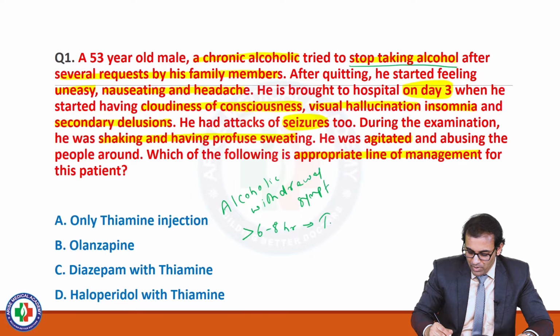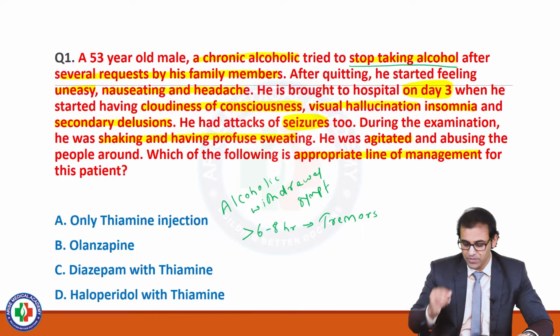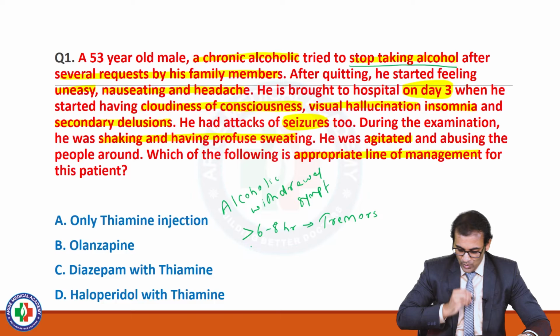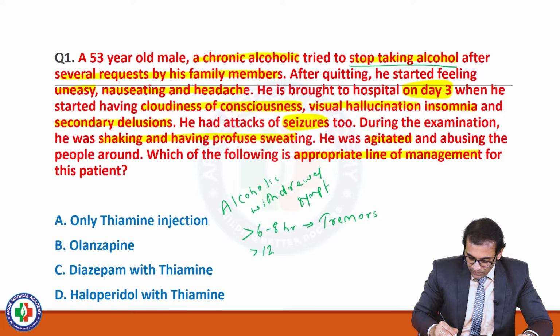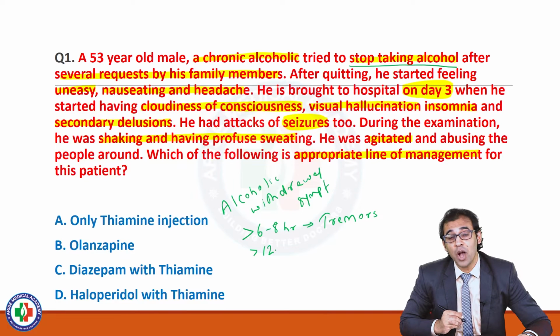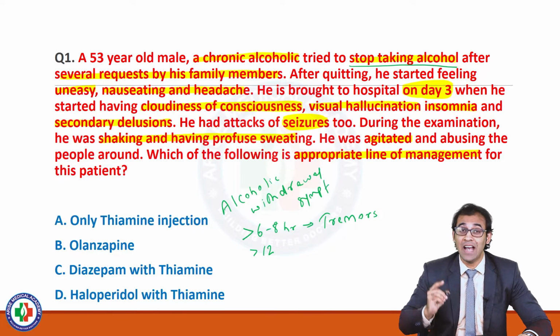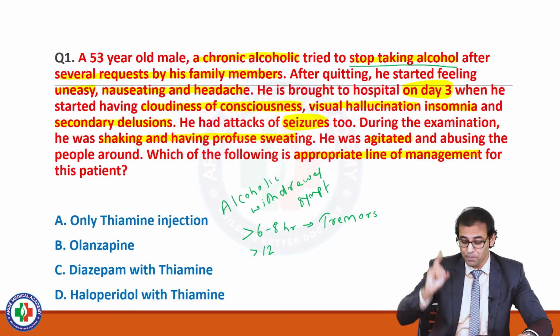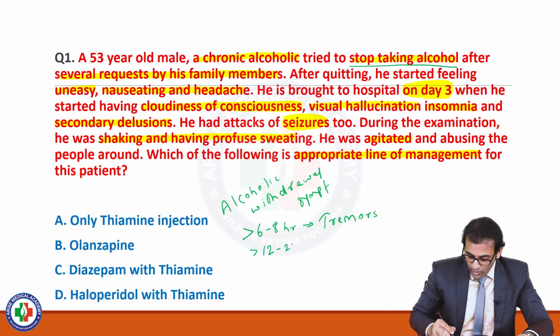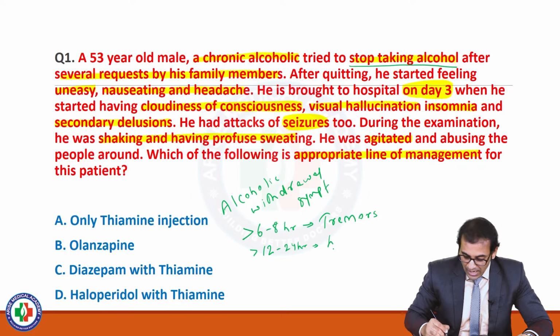So what is that symptom? First and most classical symptom, right? After that, if he had the last peg 12 to 24 hours before, what will be the symptom? Hallucinosis, right?